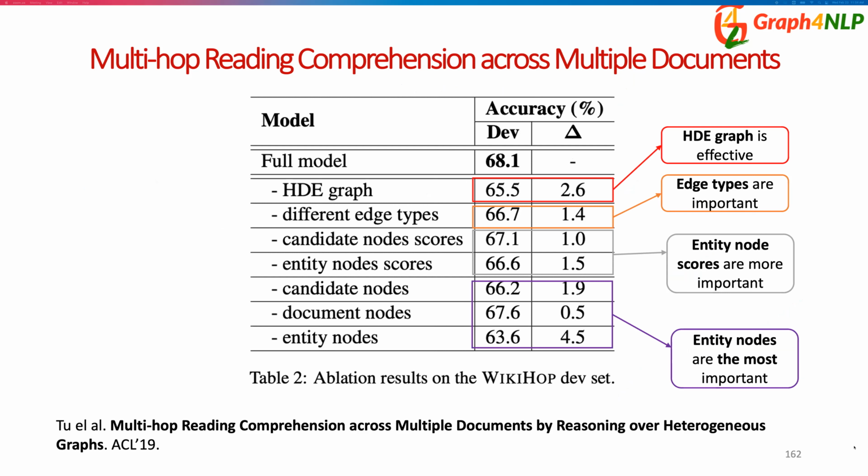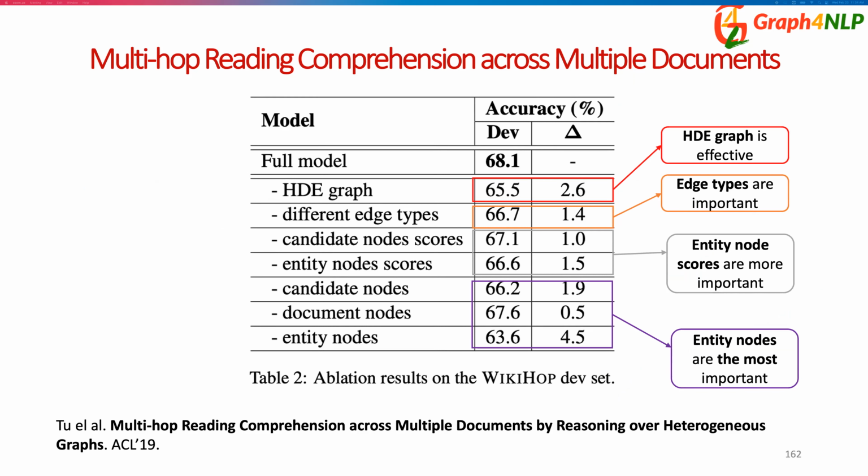And based on the ablation study, we can see the graph itself is very effective. With and without the graph, we can see a pretty evident drop. And then the different edge types are also important. If we remove the edge types, we can see a drop.